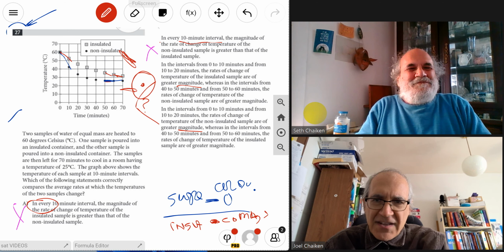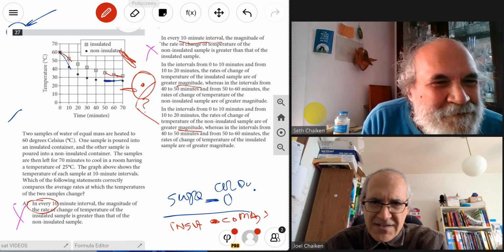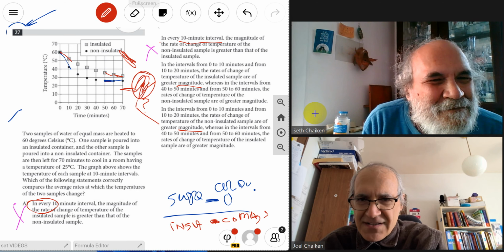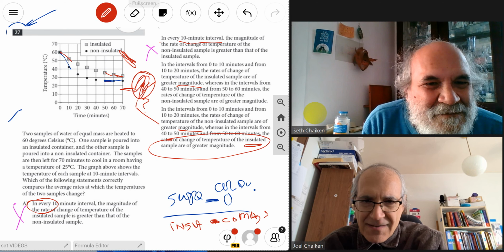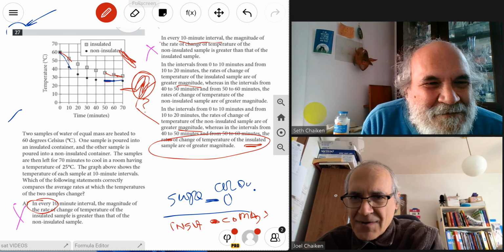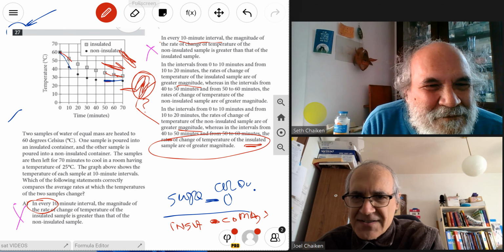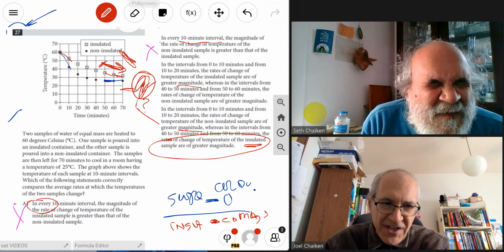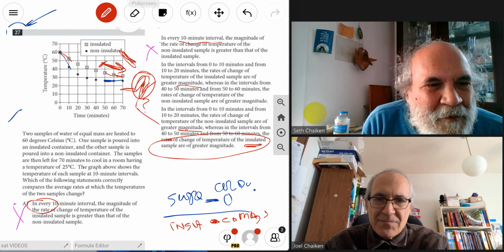The insulated sample is of greater magnitude. It's an English thing, I had to read both. The insulated one, that's this one, because that one's still cooling off, where the uninsulated one has already reached room temperature.